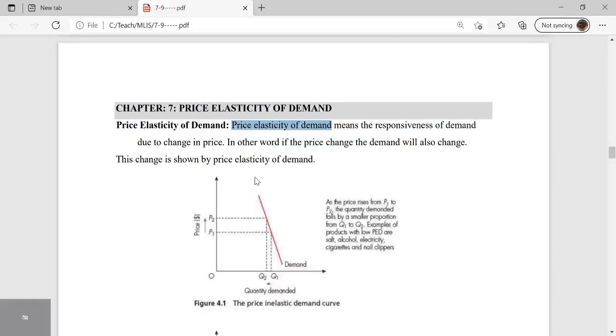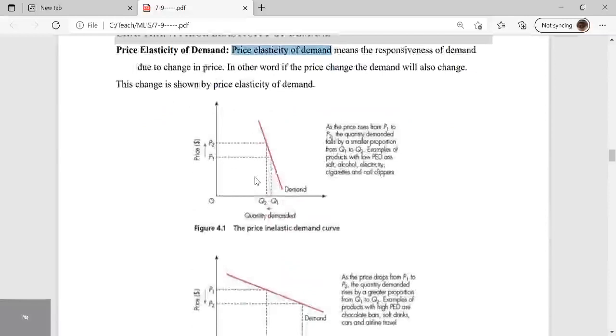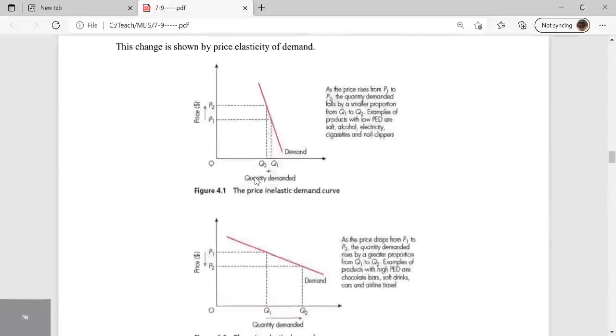This change is shown by the elasticity of demand. If there is a high response, it will be known as elastic demand. And if there is a low response, then it will be considered as inelastic demand.